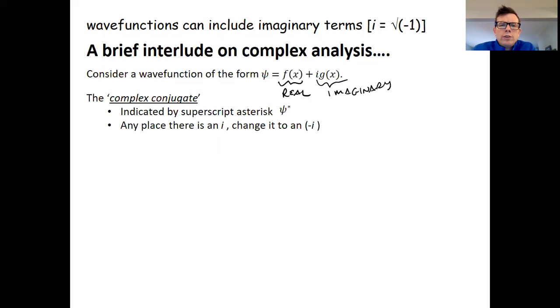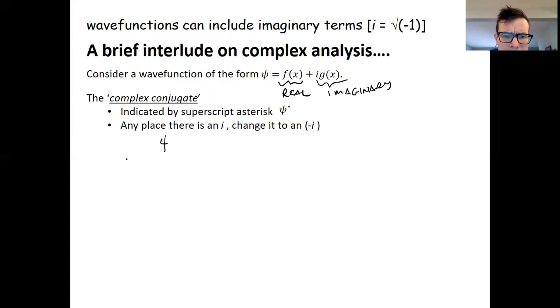And so what we'll do is define a quantity called the complex conjugate. The complex conjugate is indicated by the superscript asterisk. So if you see the superscript asterisk here, right, that refers to a complex conjugate. And in order to derive the complex conjugate, what you do is any place there is an i, change it to a negative i.